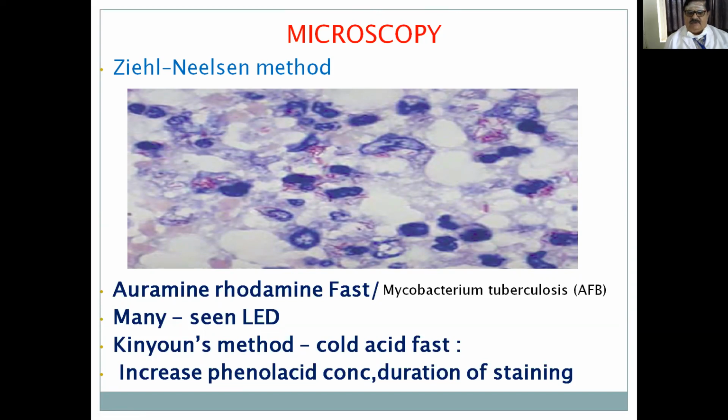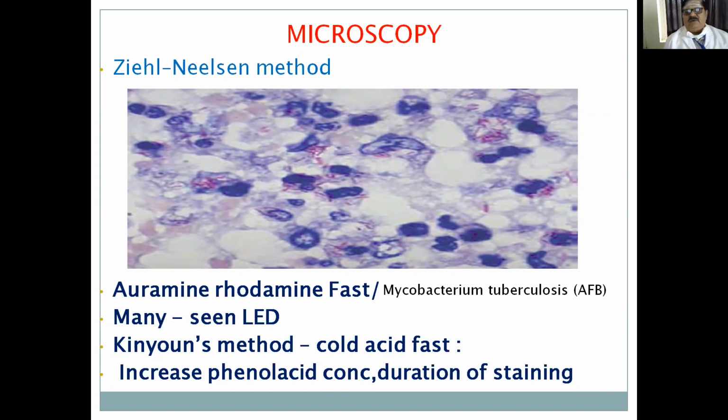But if you do an auramine-rhodamine stain, against a dark background you can see fluorescent Mycobacterium tuberculosis. The only problem with fluorescent staining is unwanted background fluorescence. But the bacilli will be smiling at you, they go on fluorescing, so you can easily identify them. With an LED screen, identification is much easier.